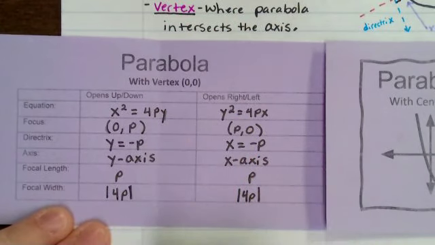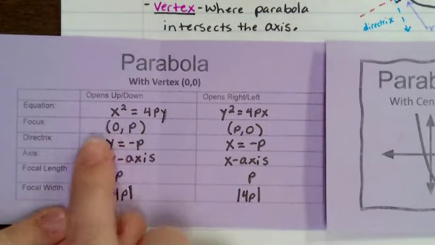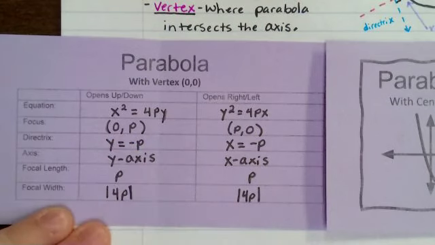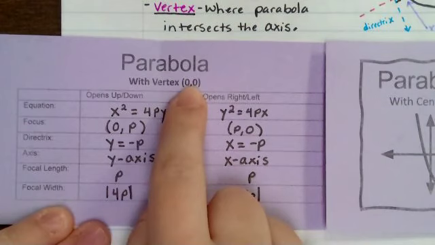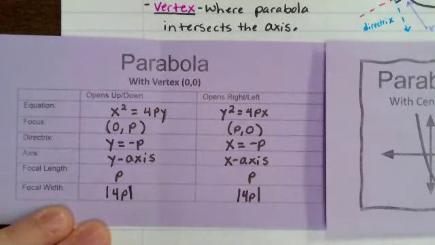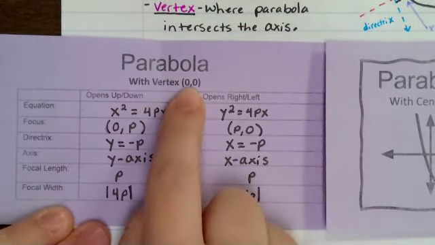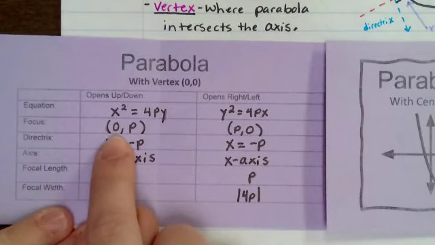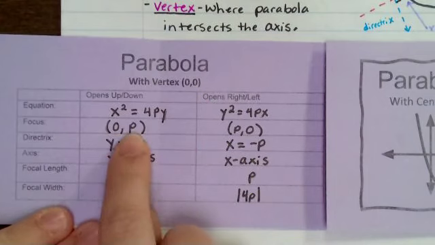All right, you're going to notice a few other differences between these. So the focus, and again, this is for where the vertex is at 0, 0. If it's somewhere else, it's a whole other can of worms, okay? But if your vertex is at 0, 0, then our focus will be at (0, p).